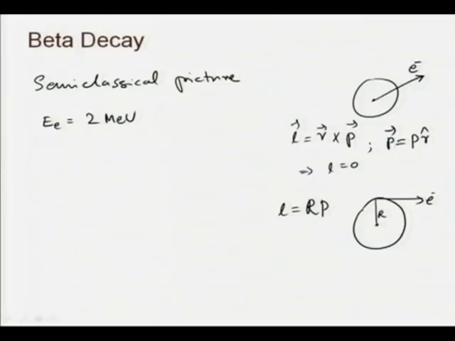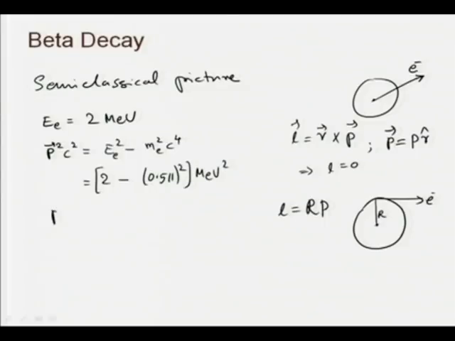So, we have the energy momentum relation which says P square c square is equal to E square minus m_e square c to the power 4, right, and we have E to be 2 MeV, m_e c square is 0.511 MeV. So, square of this is in MeV square.